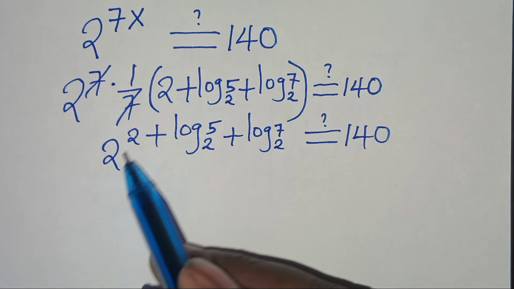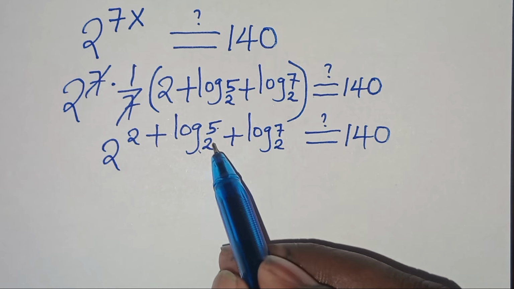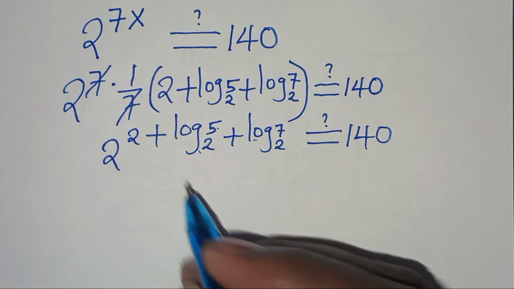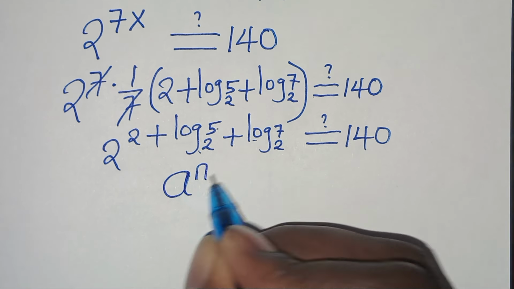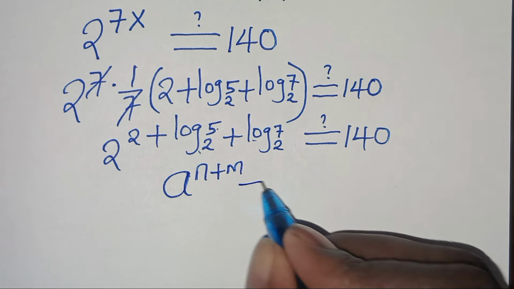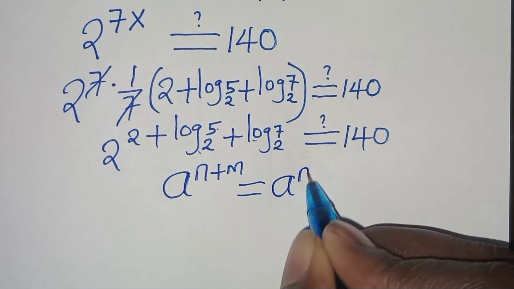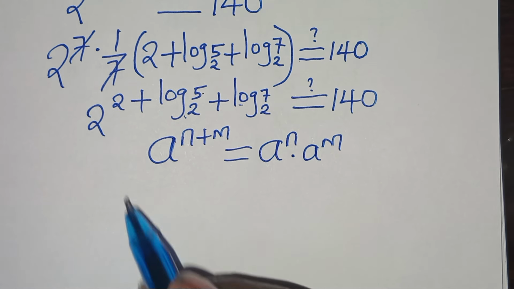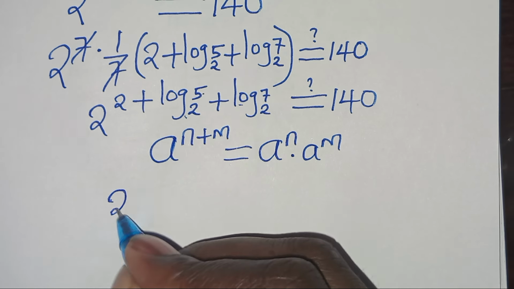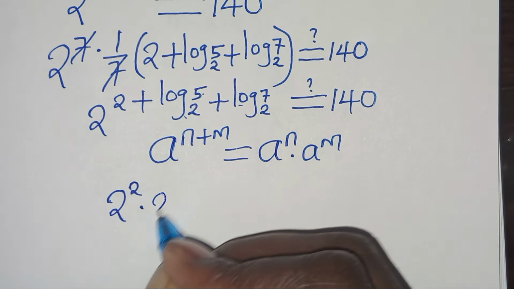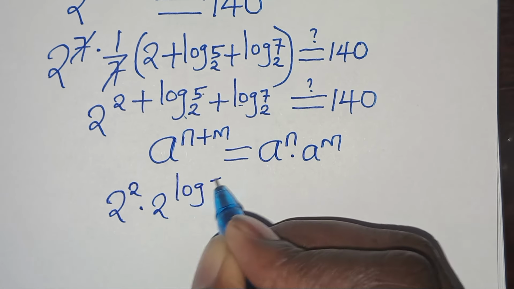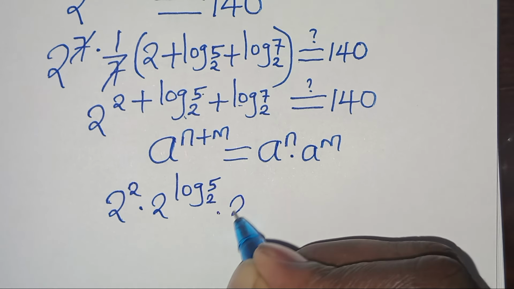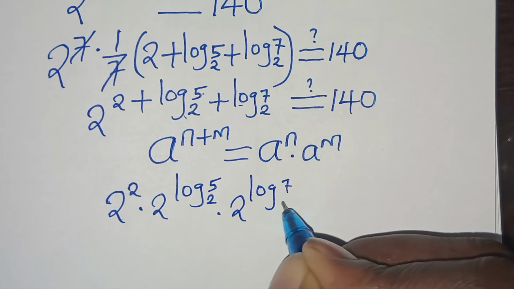Now we have that 2 to the power of 2 plus log 5 to base 2 plus log 7 to base 2. This is in the form of a to the power of n plus m, which we can express as a to the power of n times a to the power of m. Applying this exponent property, we have 2 to the power of 2 times 2 to the power of log 5 to base 2 times 2 to the power of log 7 to base 2.